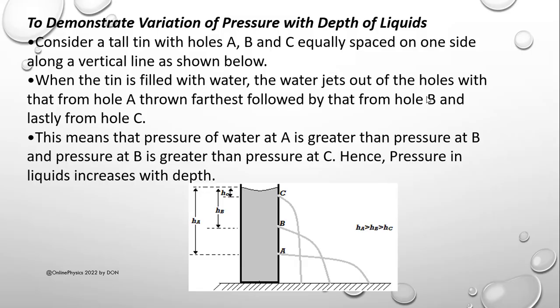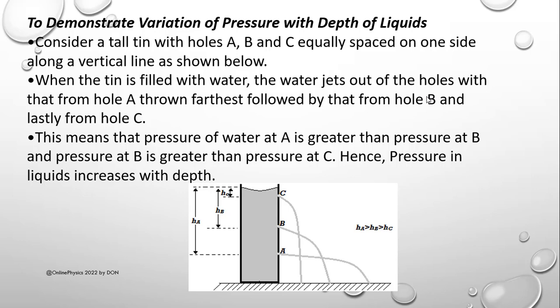For the variation of pressure with the depth of liquids, we want to consider a tall tin with holes A, B, and C equally spaced on one side along a vertical line as shown below.